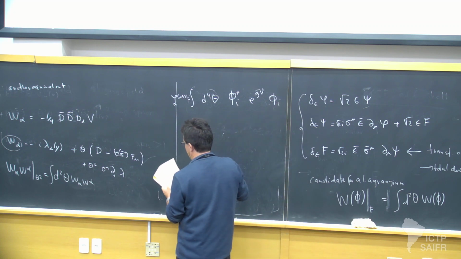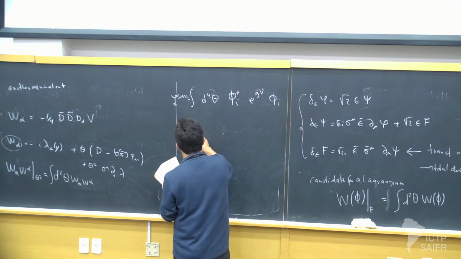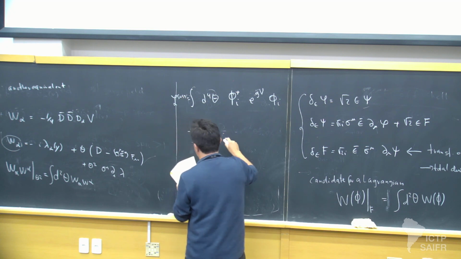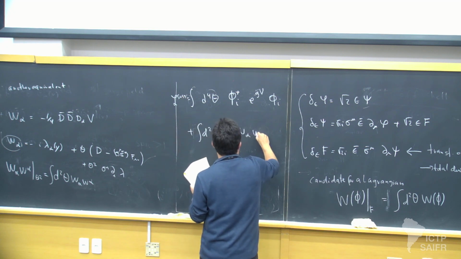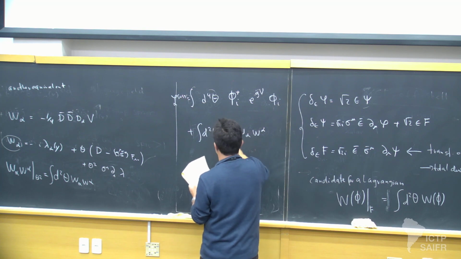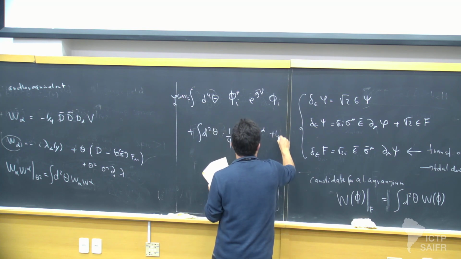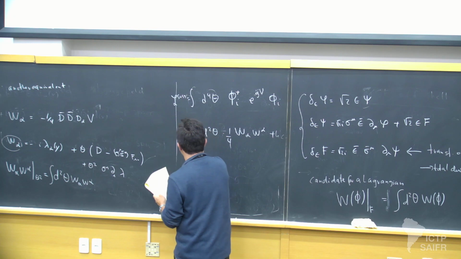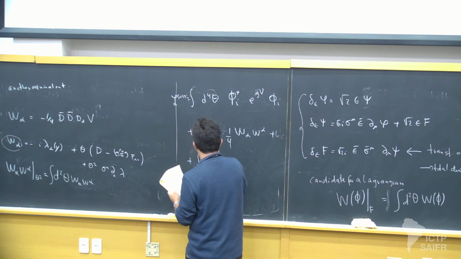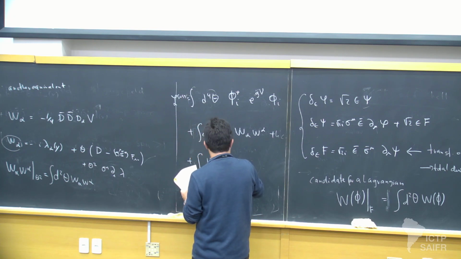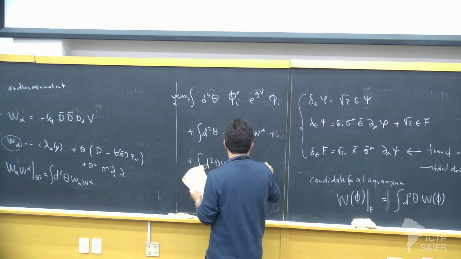And then I will have the kinetic terms for the gauge fields themselves, W alpha. Sometimes we put this 1/4 here, plus Hermitian conjugate. And then the superpotential term, integral d2 theta W of phi plus Hermitian conjugate.